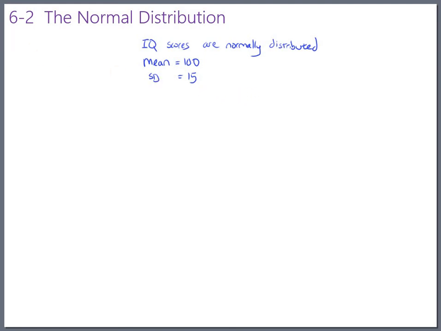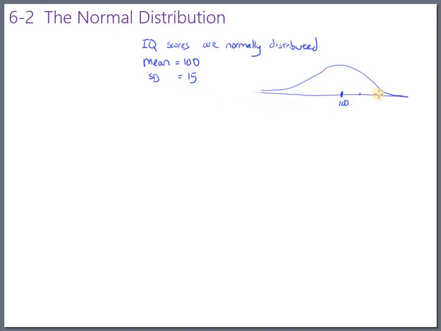So knowing that much, I could draw a little picture. I could say, hey, I know IQ scores are normally distributed, so let's draw ourselves a normal curve. Normal curves look about like that. I know the mean's right at the middle, so 100 is right there. And I know 2 standard deviations up and 2 standard deviations down will cover almost all of it.